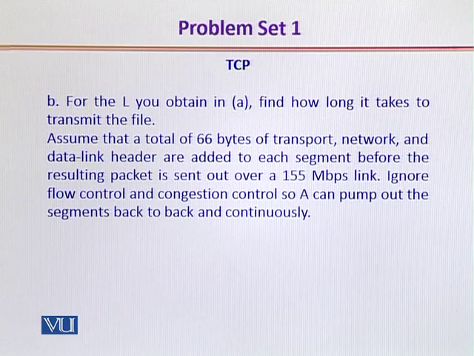Now, the file that you obtain from the previous step, imagine transferring it between host A and B. You can assume that there is a total header of 66 bytes, including the transport, network, and data link layers. And the channel is a link where 155 megabits per second is the maximum throughput that can be utilized.